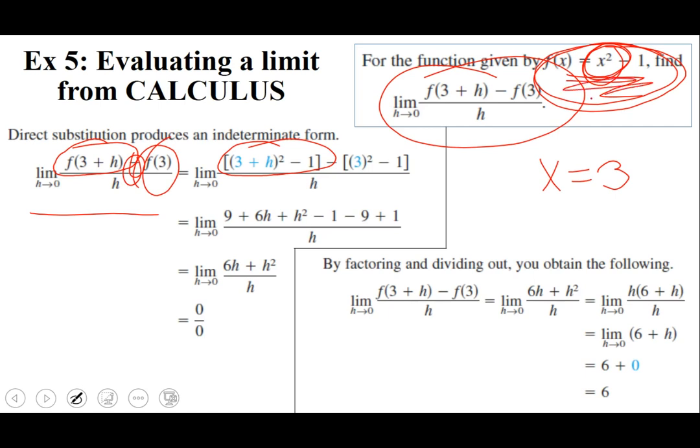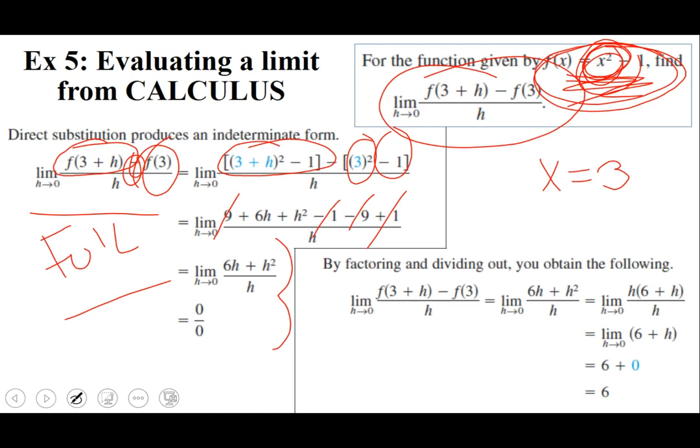It means go to the f function. Everywhere there's an x, put a 3, and then don't forget the minus 1. Do the FOIL, distribute the minus, combine like terms. Lots of things should cancel. The 9s will cancel. The 1s will cancel. Notice that you're only left with values that have h's in the numerator, and spoiler alert, that should always be the case.